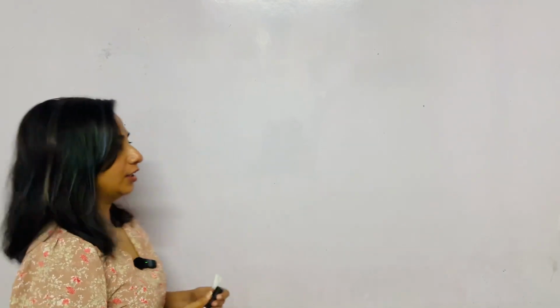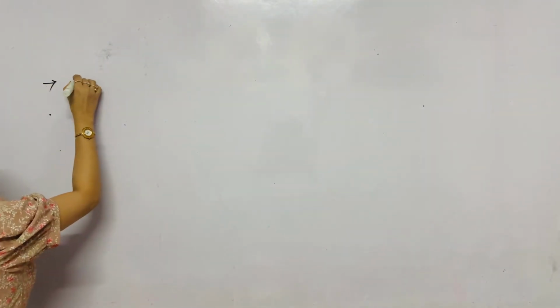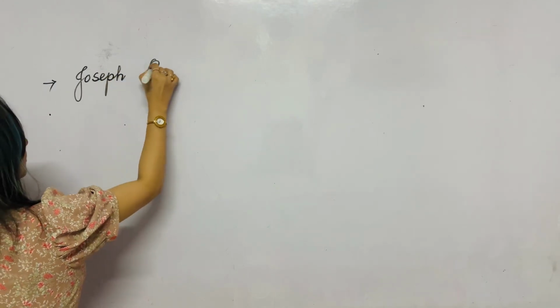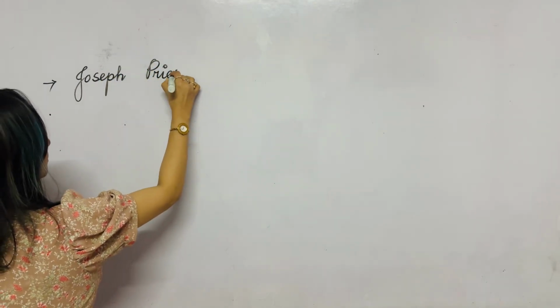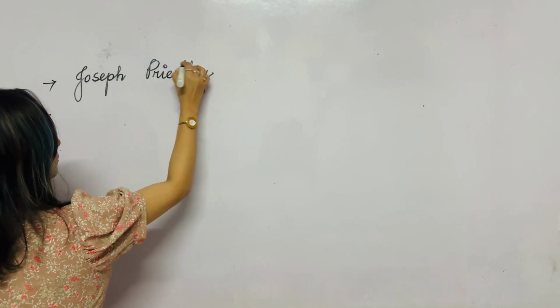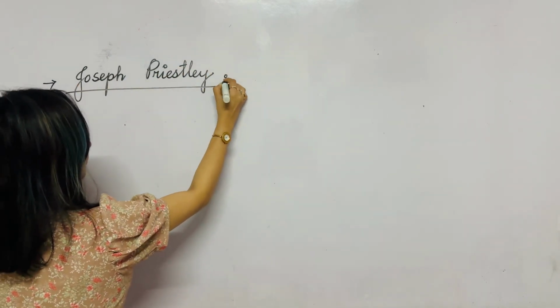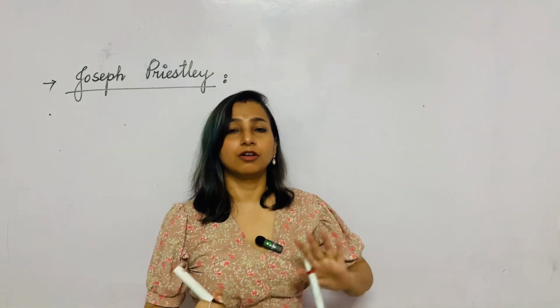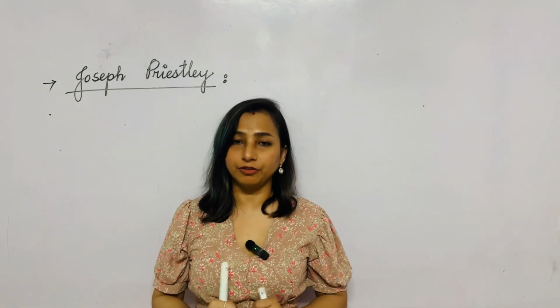So in the 1770s, there was a scientist called Joseph Priestley. He is the person actually who discovered oxygen, with his phlogiston theory.